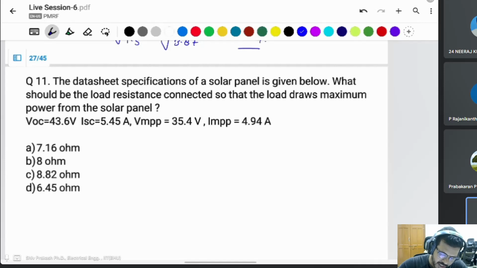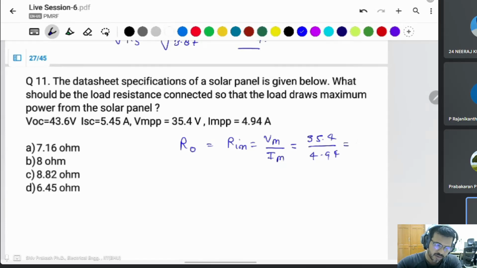Take R output the same as R in. R in is VMP divided by IMP, 35.4 divided by 4.94, which is 7.16 ohm.